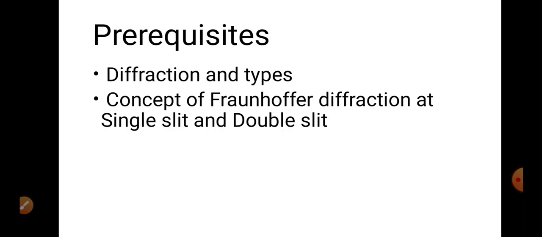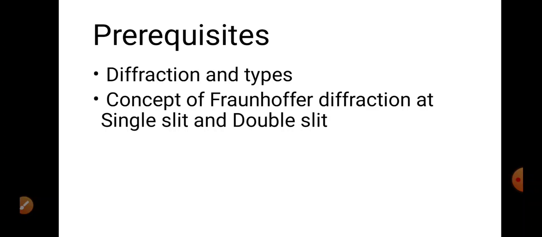In case of the double slit diffraction pattern, when two slits are considered, the diffraction pattern has to be considered in two parts. The first one is the interference phenomenon due to the secondary waves emanating from the corresponding points of the two slits.